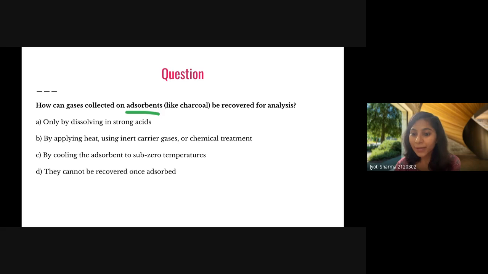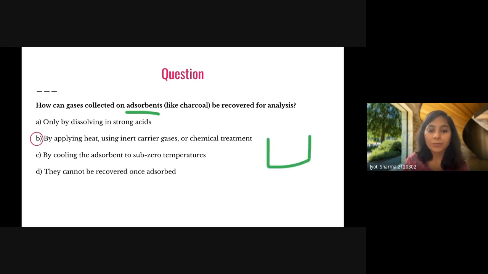Pradeep gave me B and Priscilla also gave me B. Yes, I also agree with B, that if we are applying some heat, or, let's say, this is charcoal, and on that charcoal we have some air adsorbed into it.